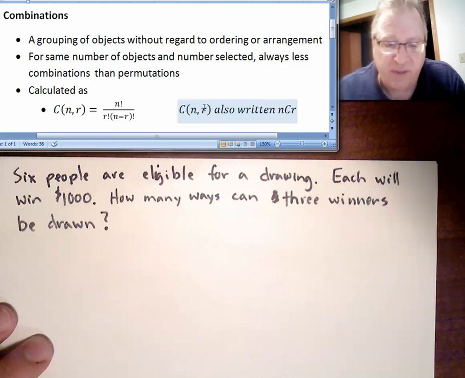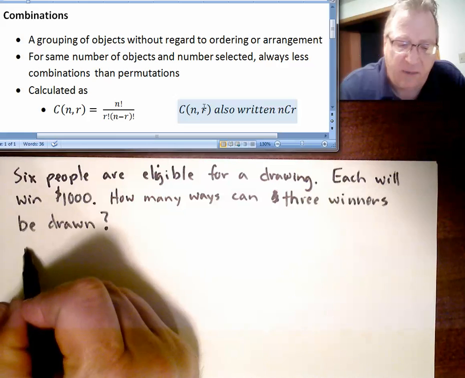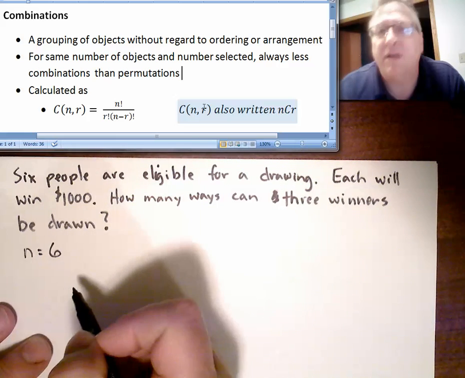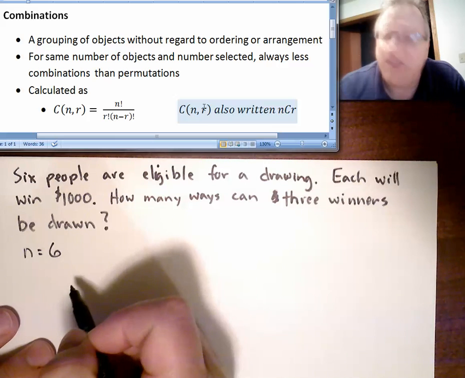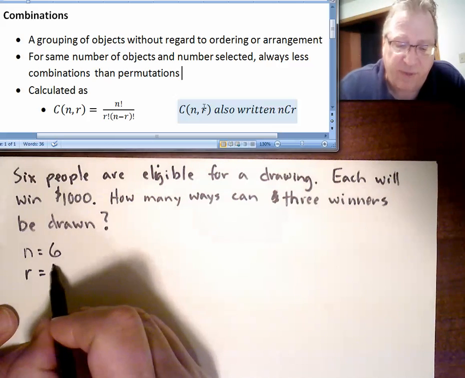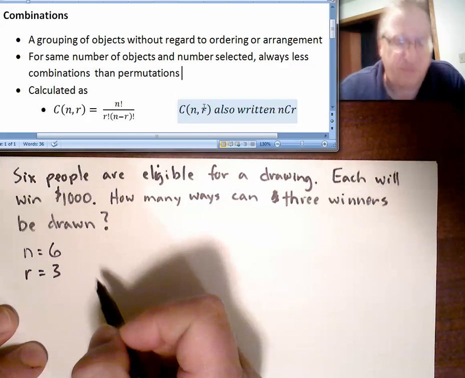So in this case, we need n and r. What is n? We have 6 people eligible for a drawing. n is 6, that's our set size. How many are we selecting? We're going to select 3 winners. r is 3.